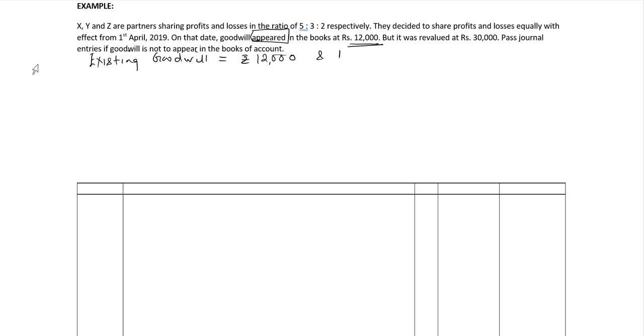And fresh valuation of goodwill is equal to rupees 30,000. This is the amount at which goodwill was revalued. So let's go ahead with the journal entries for writing off of existing goodwill.